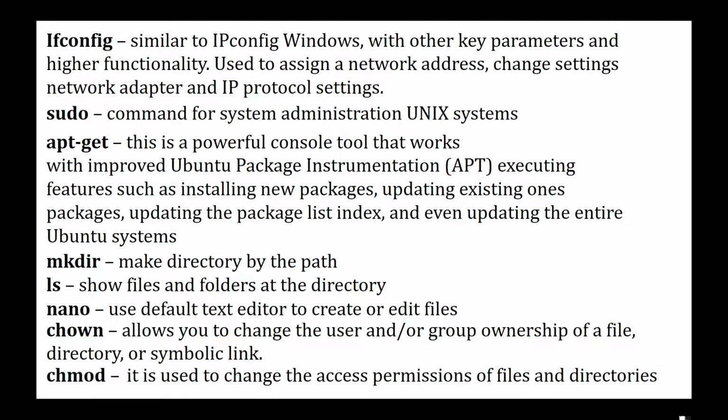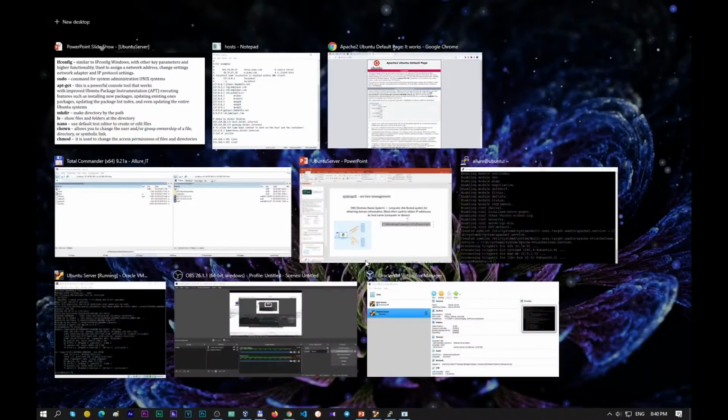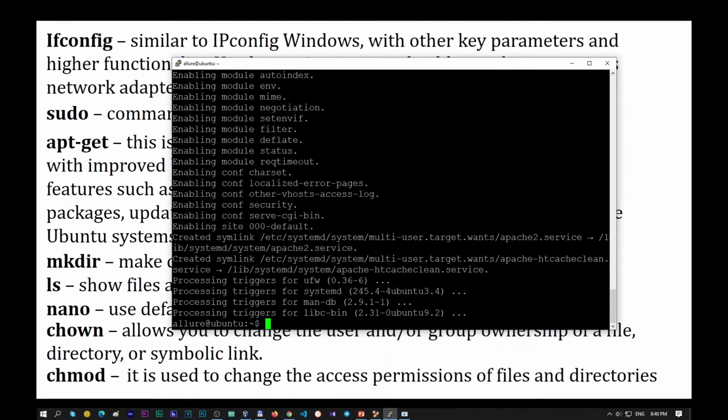So we start with creating some directory for our site 1. I do the preparation for site 1, and if you like, you can do the preparation for site 2.